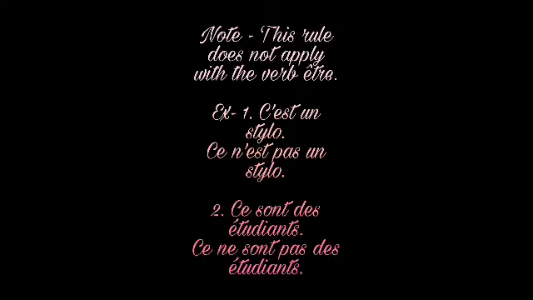So, un will remain unchanged. It will not become de because there is the verb être here. Second example, ce sont des étudiants. It will become ce ne sont pas des étudiants. The indefinite article remains unchanged in the negative sentence because it is the verb être.